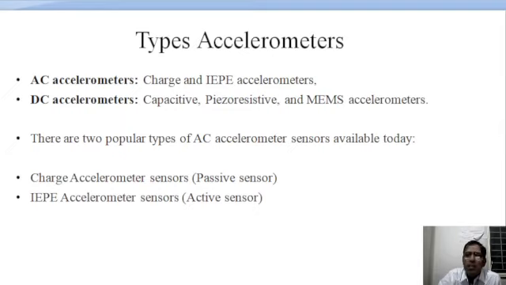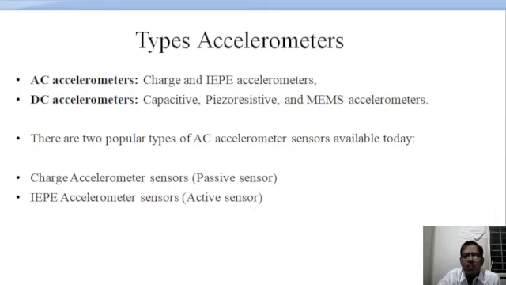Now what are the different types of accelerometers? Basically they are classified in terms of the output that they are giving. If the accelerometer is giving the output in terms of AC signals, then they are AC accelerometers, and if it is giving DC signals, then they are DC accelerometers.